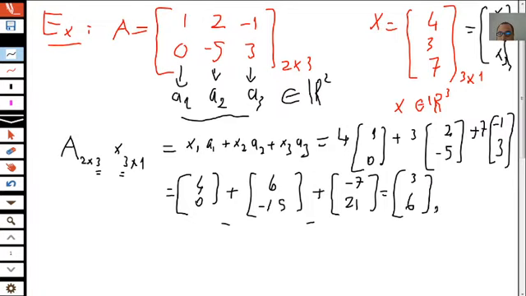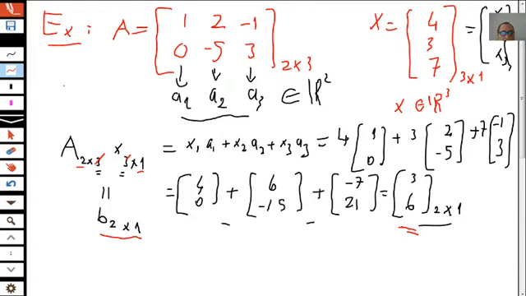So we actually obtain a 2 by 1 vector, if we consider it as a matrix. So the result is equal to a vector, let's say b, which has the size 2 by 1, namely we cancel the common number 3, and we obtain a 2 by 1 vector whose components are 3 and 6.